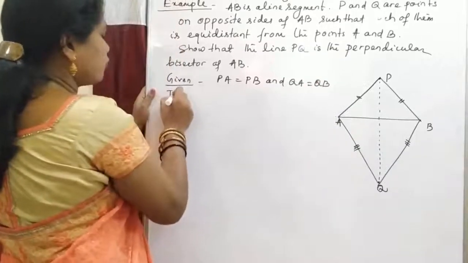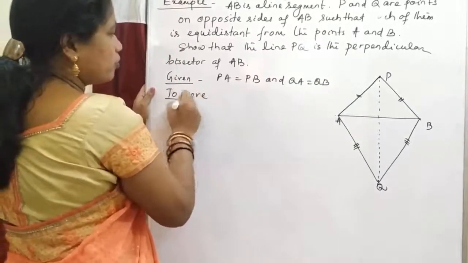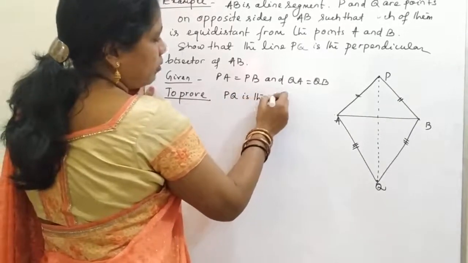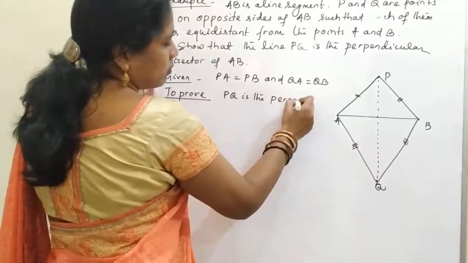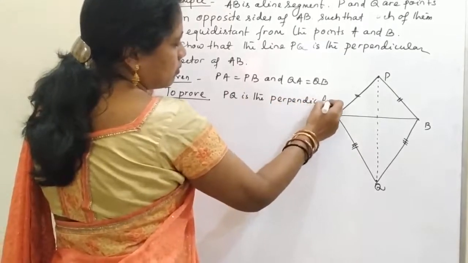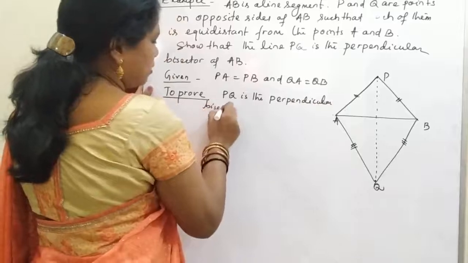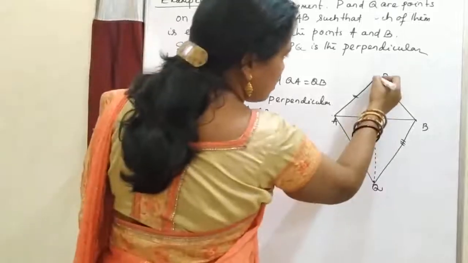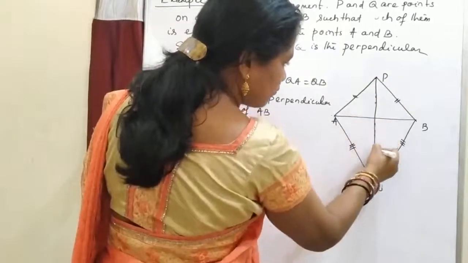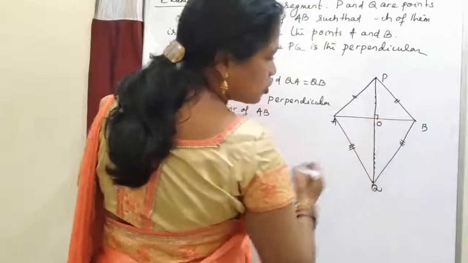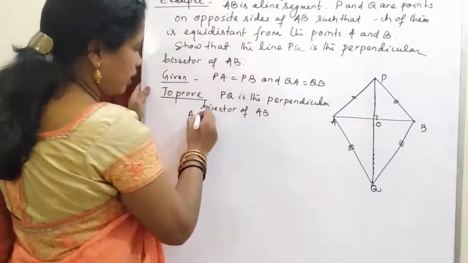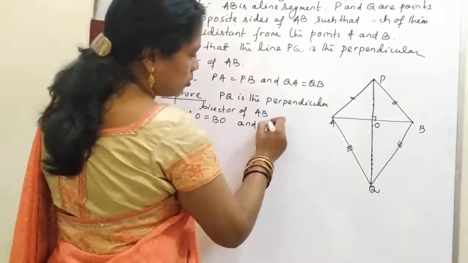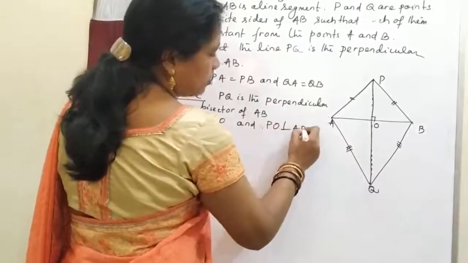We have to prove PQ is the perpendicular bisector of AB. That means if this is the line and this is O, we have to prove AO is equal to BO and PO is perpendicular to AB.